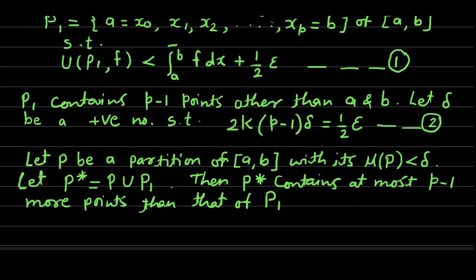Why is it so? Because if P and P1 contain points which are all unequal, other than A and B, then in that case P star will contain exactly P minus 1 points more than the partition P1. So other than the partition P.